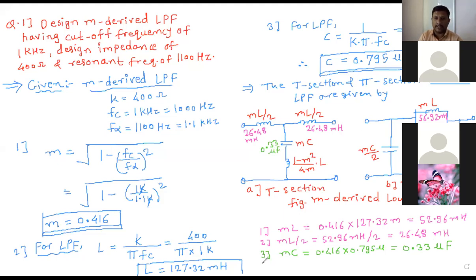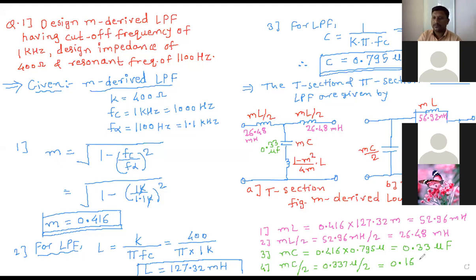Now next we require M into C divided by 2. So 0.337 micro divided by 2 will give what? 0.166. It will come around 0.165.